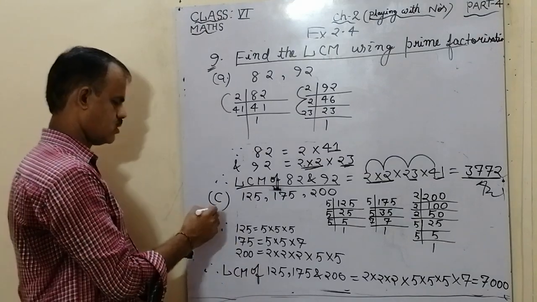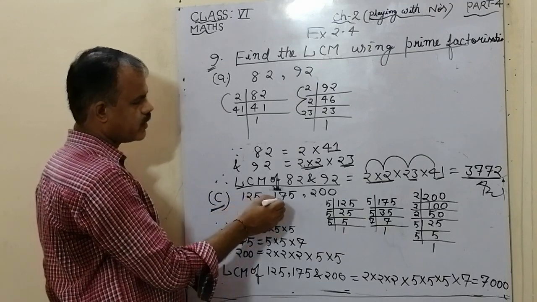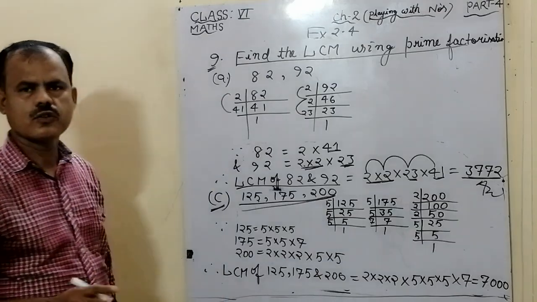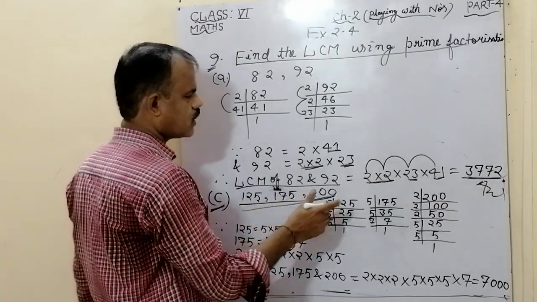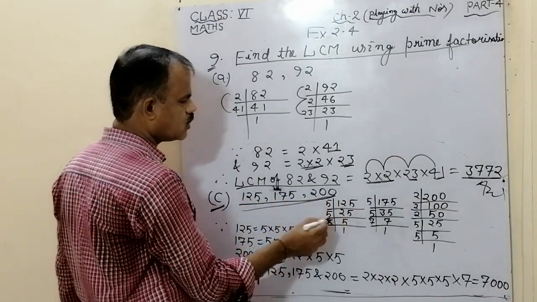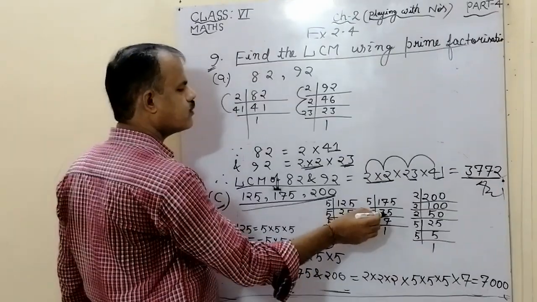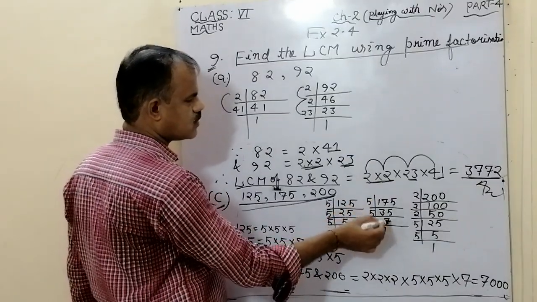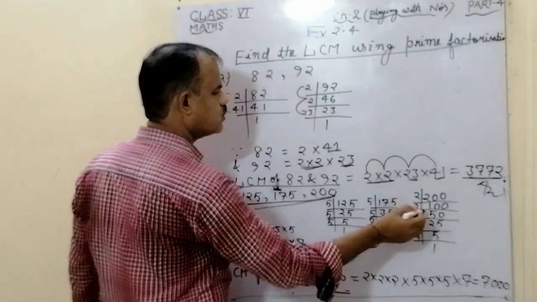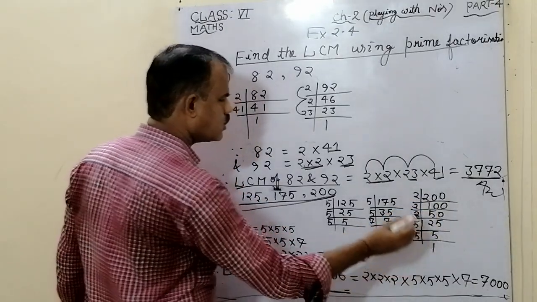See one more question, C part. We have to find out LCM of 125, 175 and 200 by prime factorization method. So first of all we have to take out their prime factorization. 125: 5 into 25, 5 into 5, 5 into 1. 175: 5 into 35, 5 into 7, 7 into 1. 200: 2 into 100, 2 into 50, 2 into 25, 5 into 5, 5 into 1.